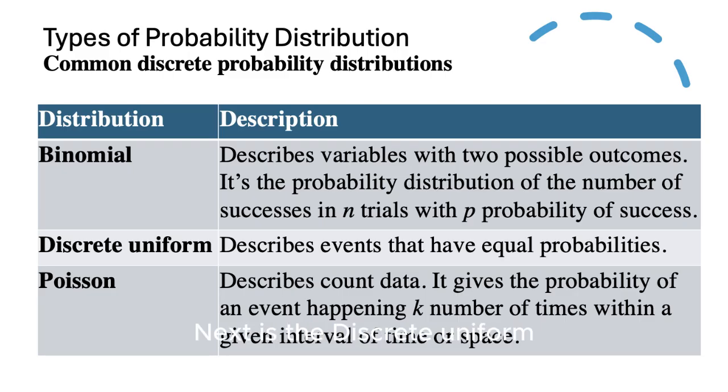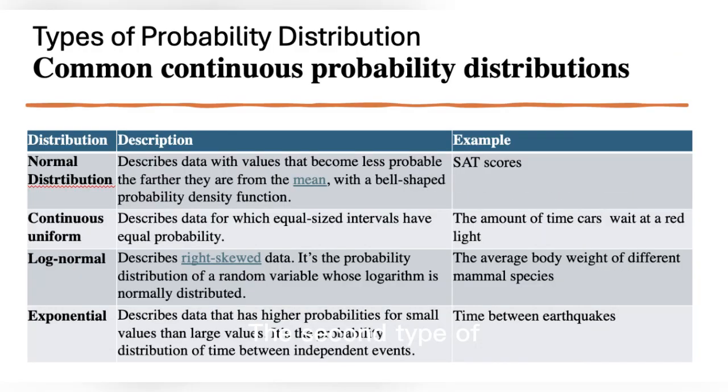Next is the discrete uniform distribution that describes events that have equal probabilities. Lastly is the Poisson distribution that describes count data. It gives the probability of an event happening k times within a given interval of time or space.